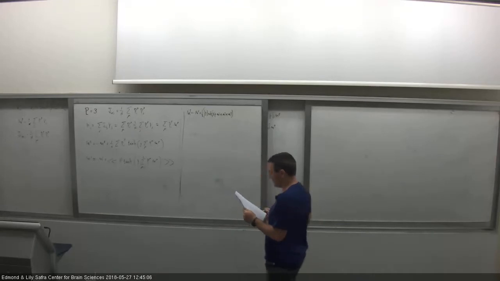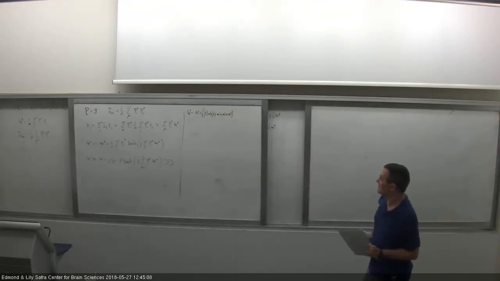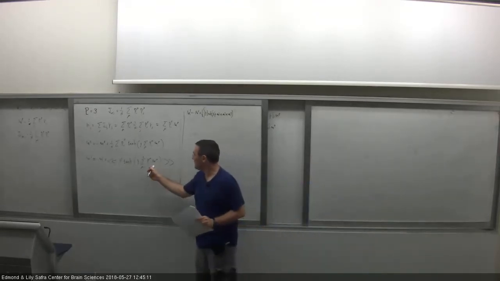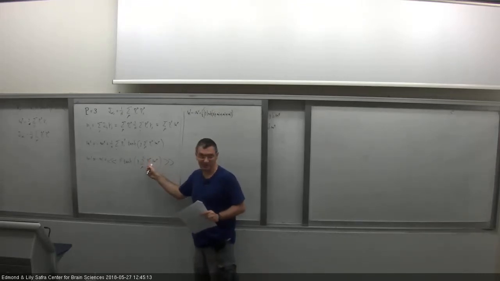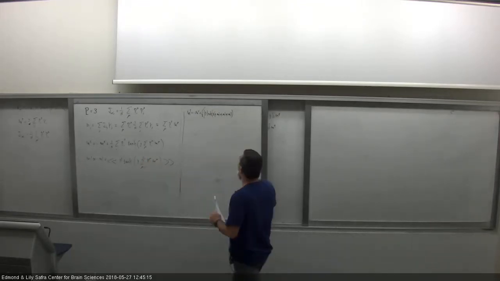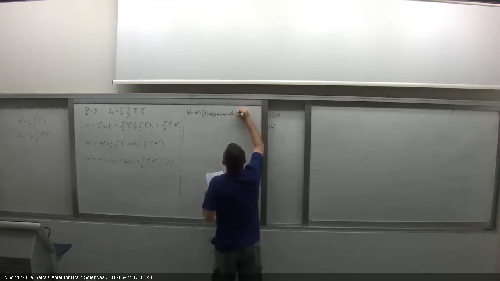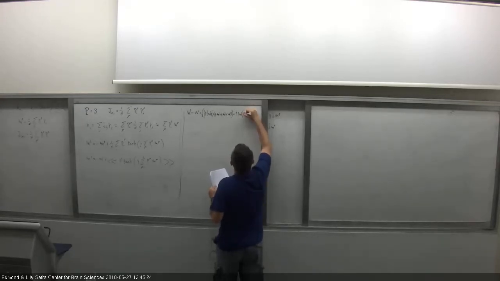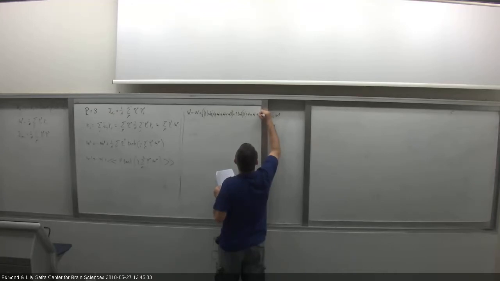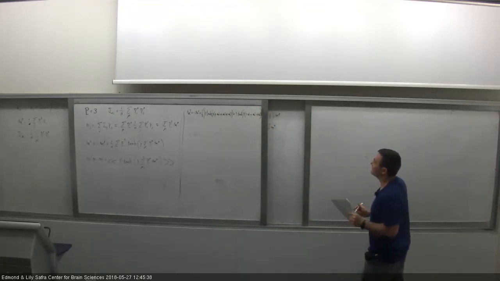So this is the first term. Second term would be, I'm going to take P3 to be minus 1. So second term would be plus 1 times hyperbolic tangent of beta times 1 times M1 plus 1 times M2 minus 1 times M3. So this is the second term.